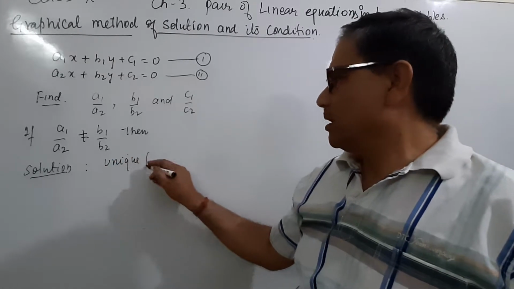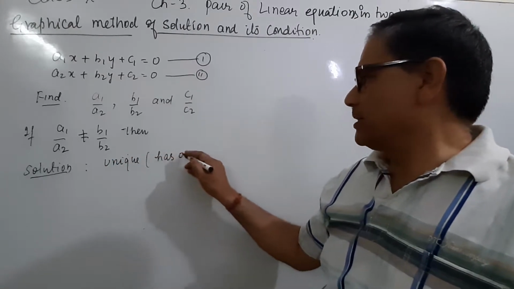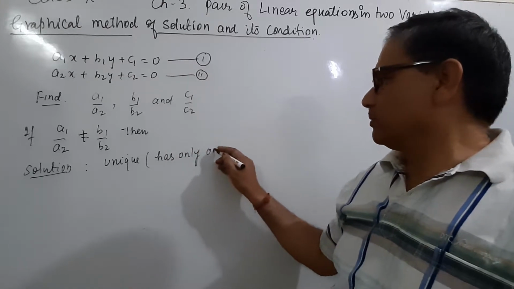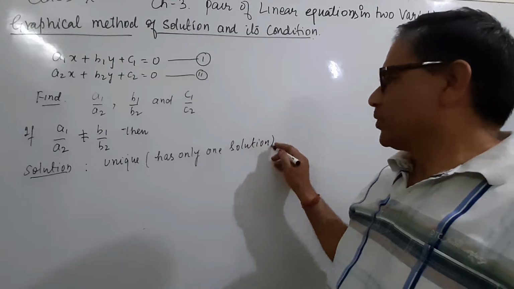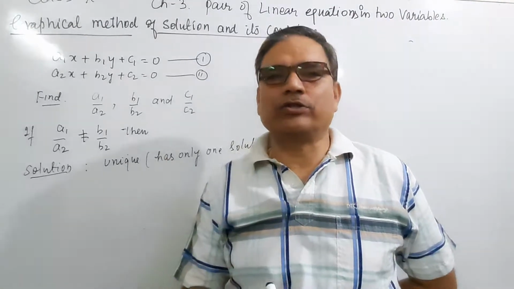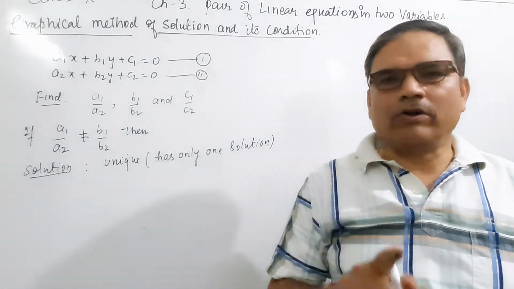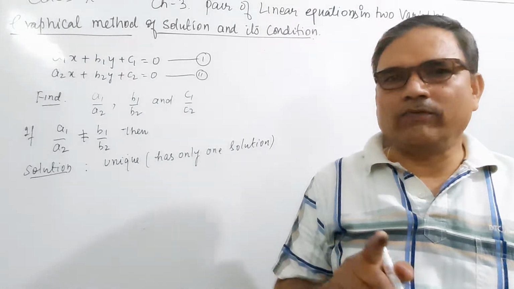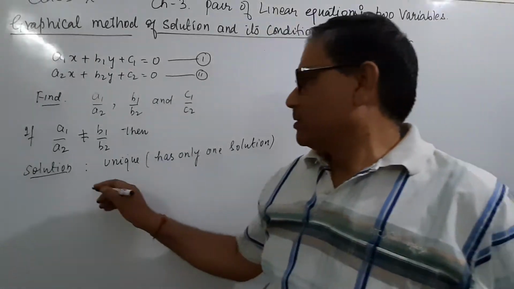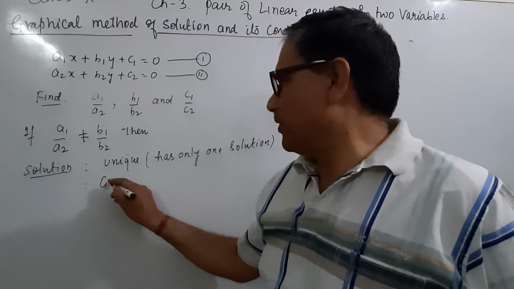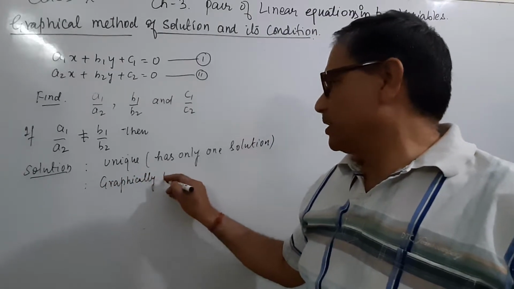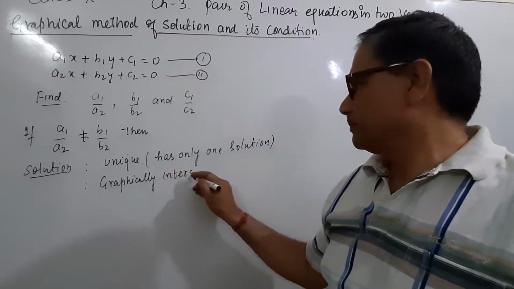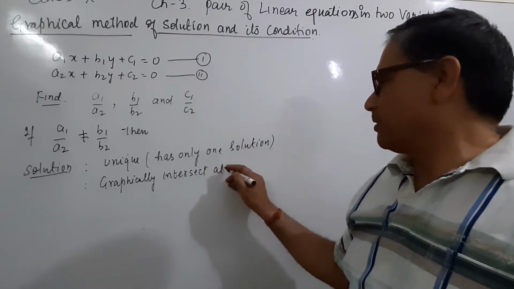Unique means it has only one solution. What is the meaning of having only one solution? It means there will be only one value of x and one value of y. Second, graphically they will intersect at one point.